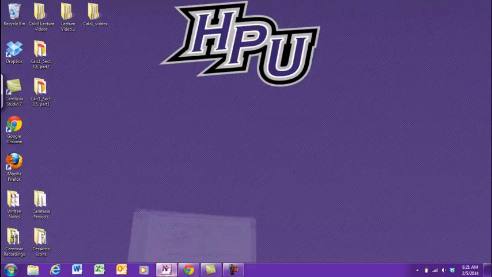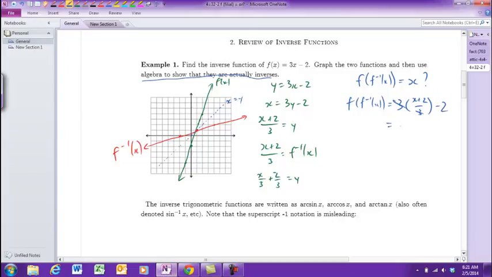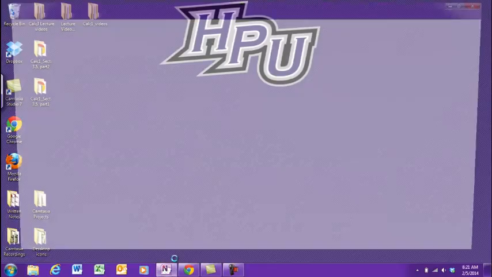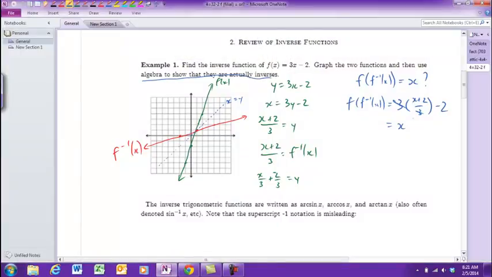And I'm left with just x plus 2 minus 2, which of course cancel, so I just get x. So that's my confirmation algebraically that these are in fact inverse functions. And that's my confirmation graphically. And you can also do f inverse of f of x, and that should still give you x as well.